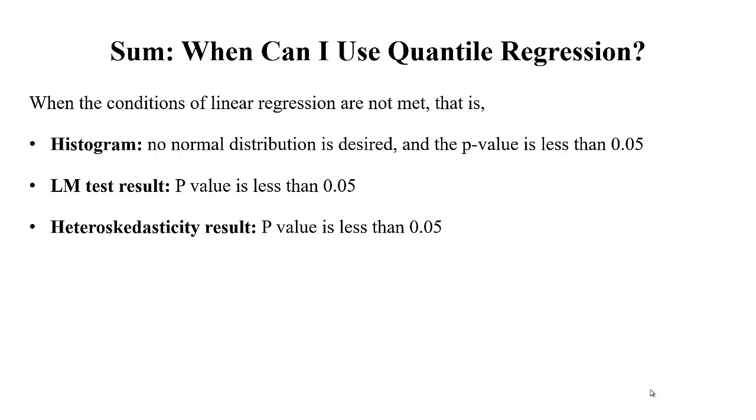In other words, when you have a problem with any of these tests, histogram, serial correlation or heteroscedasticity test, then you should use a quantile regression model.